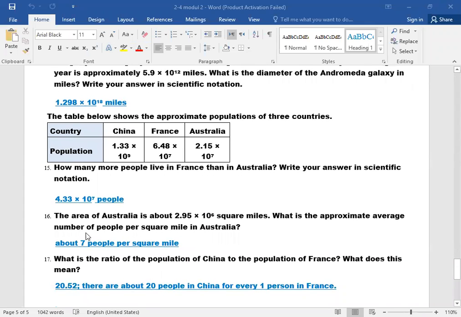So in this question, he said the area of Australia is about 2.95 times 10 to the power of 6 square miles. What is the approximate average number of people per square mile in Australia?